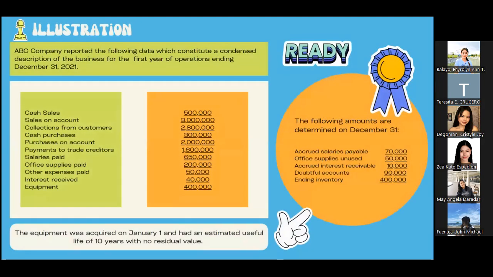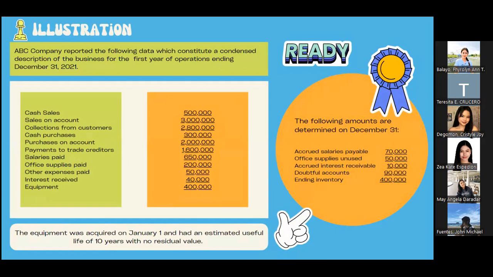To understand more clearly the differences between cash and accrual basis, we have here an illustration. ABC Company reported the following data, which constitute a condensed description of the business for the first year of operations ending December 31, 2021.